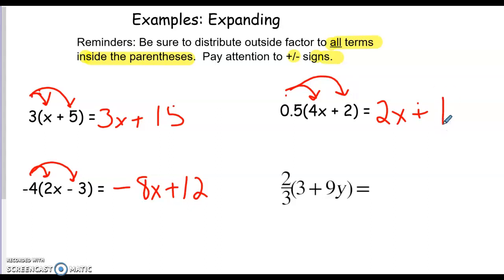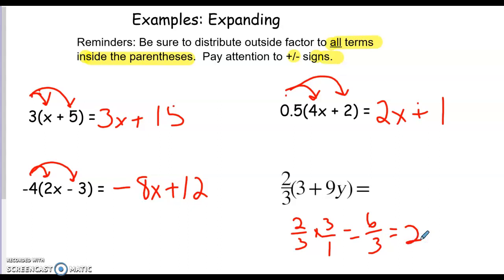All right, fractions are always scary, but if you write it out separately, all right, 2/3 times 3, and you put that over 1, gives you 6 over 3, and that's equal to 2.